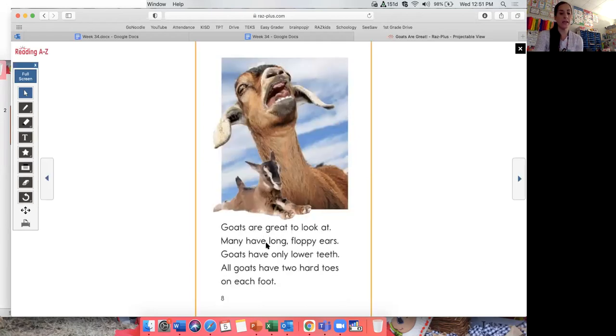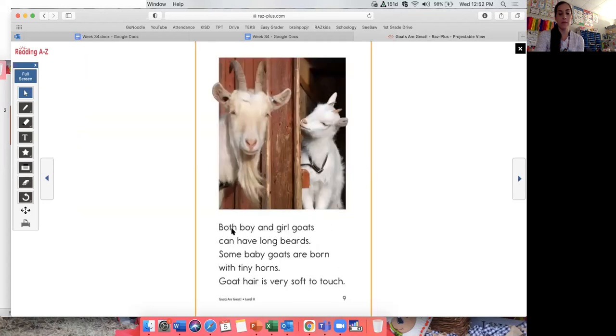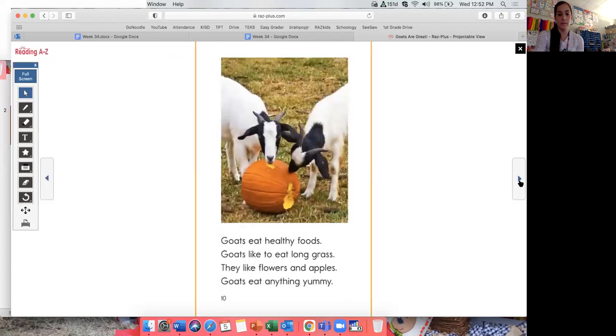Goats are great to look at. Many have long, floppy ears. Goats have only lower teeth. All goats have 2 hard toes on each foot. Both boy and girl goats can have long beards. Some baby goats are born with tiny horns. Goat hair is very soft to touch. Goats eat healthy foods.